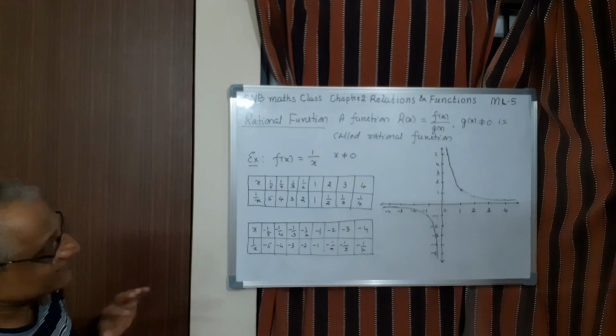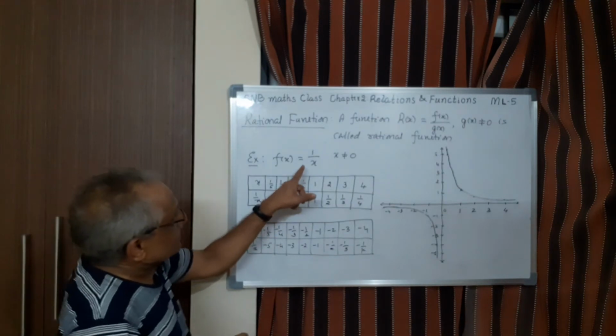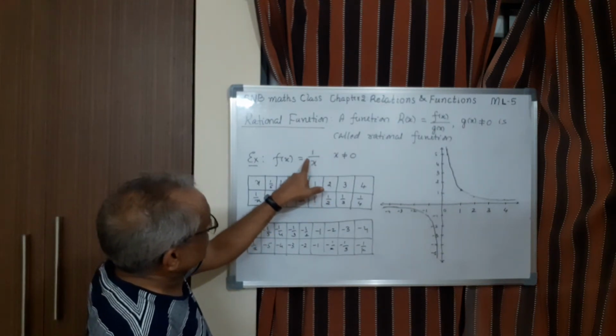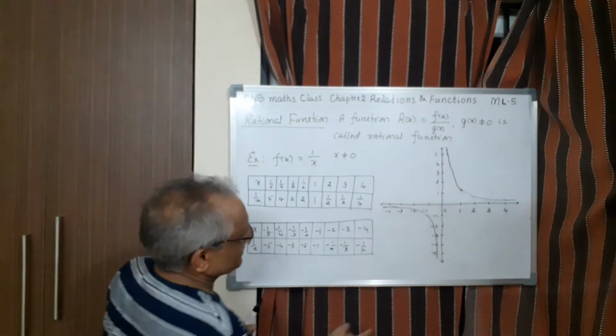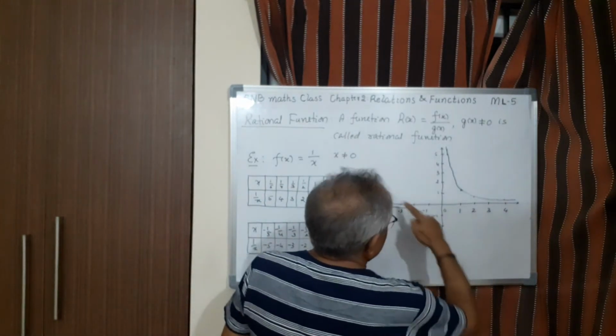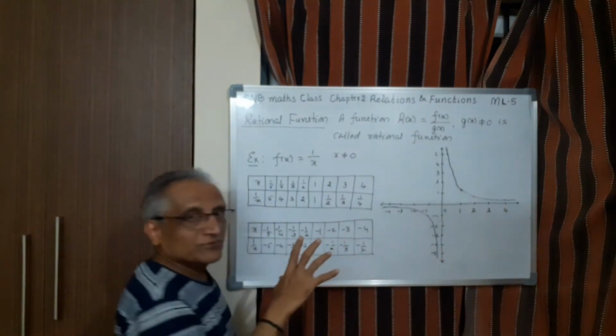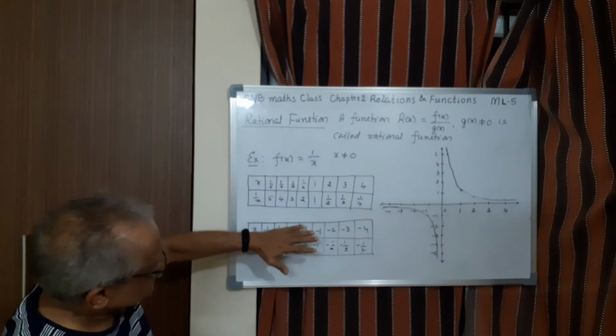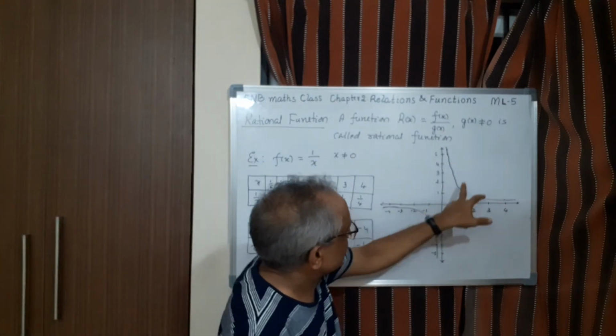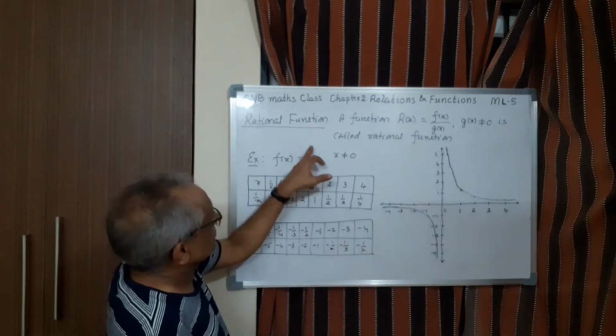Now another interesting thing is, suppose instead of 1 by x, if you take minus 1 by x, what type of graph do you get? You get another beautiful curve. One is here, another one is here. So you will get a beautiful pattern. Then if you take 2 by x, draw the graph in the same graph sheet, you get here 2, what happens is 2 by 2.